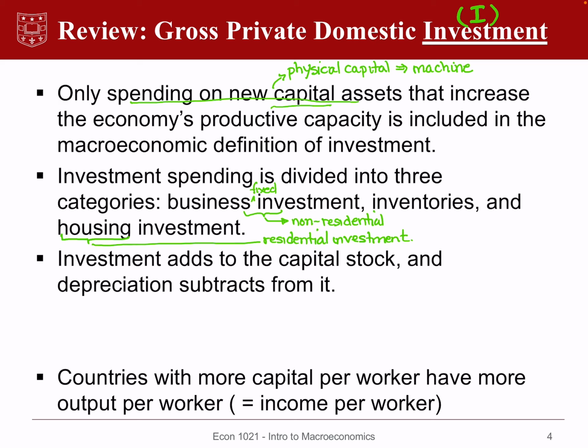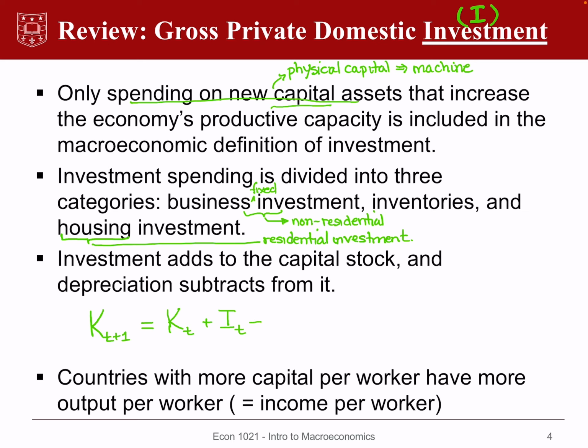When we say investment adds to the capital stock, what we mean is that, from a notational point of view, we will later define the capital stock with a letter K. If we ask what is the value of all the machines, buildings, houses and other kinds of capital that we have at a point in time, it would be the amount of physical capital we had previously, plus any investment that happens in that time period.